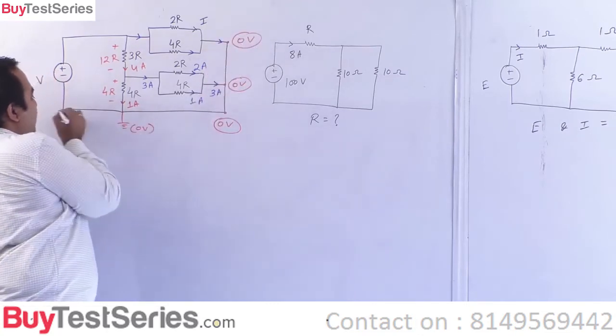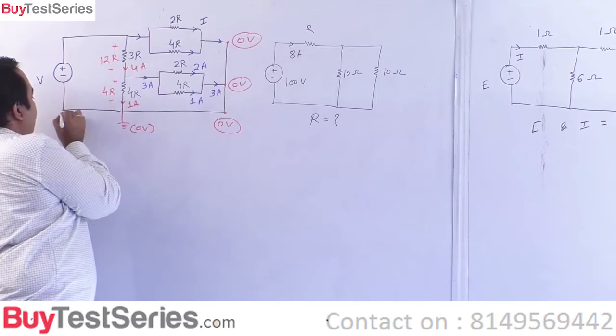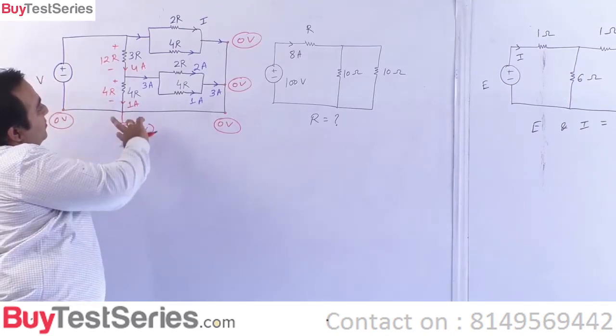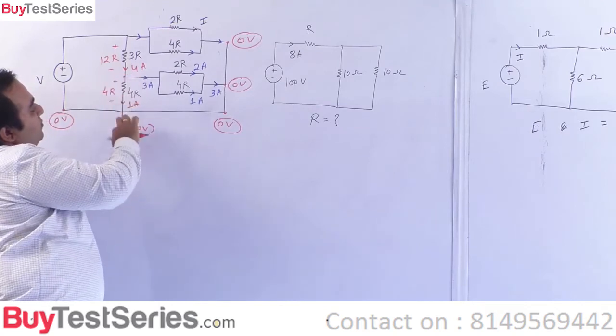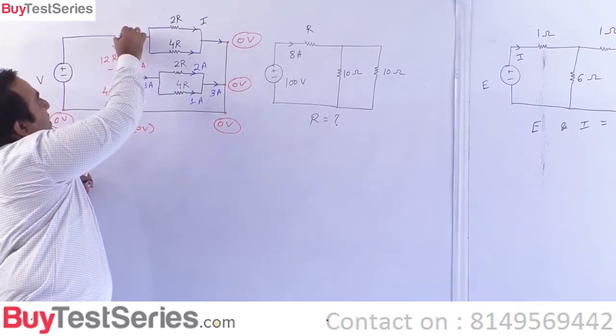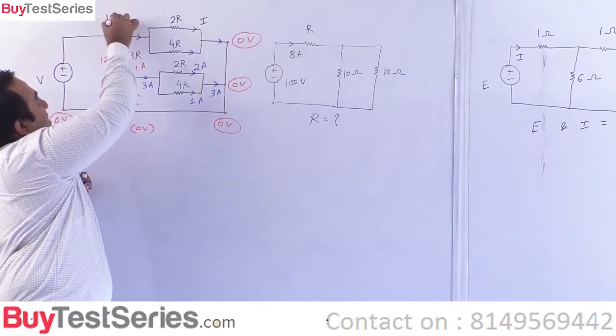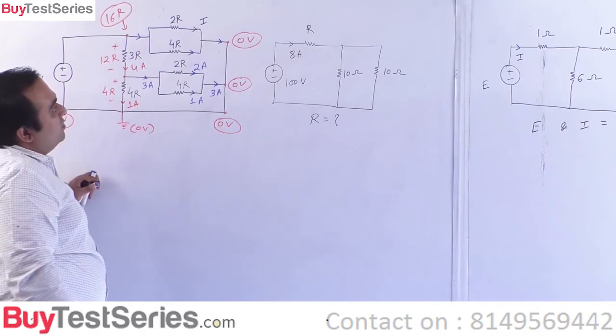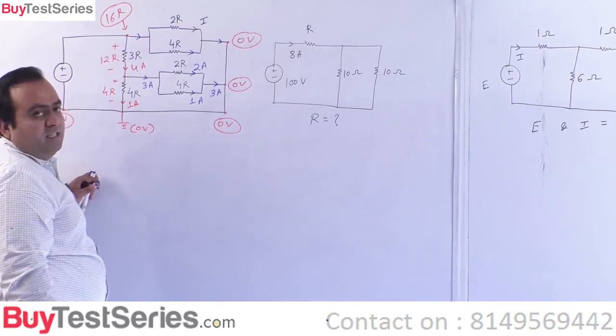This entire thing is the reference up to here. This is 0 volt. Is this okay? So with respect to reference, the potential here is 4R. So 4R plus 12R becomes what? 16R. Alright, so the potential, this is 16R.